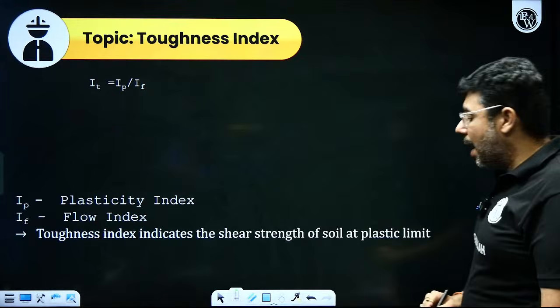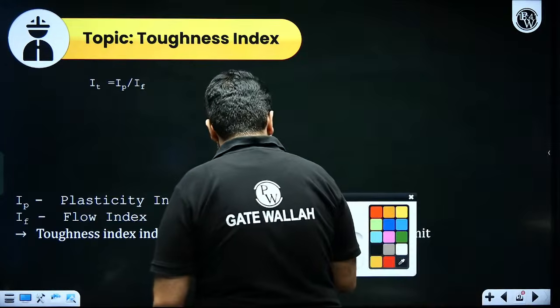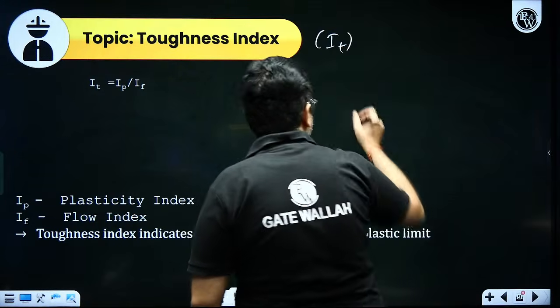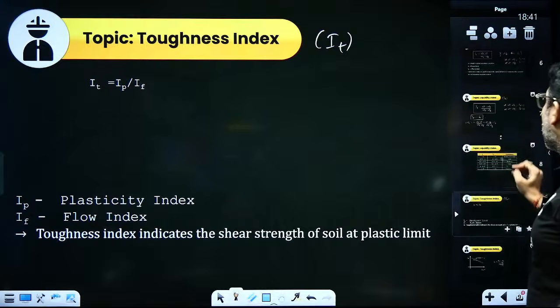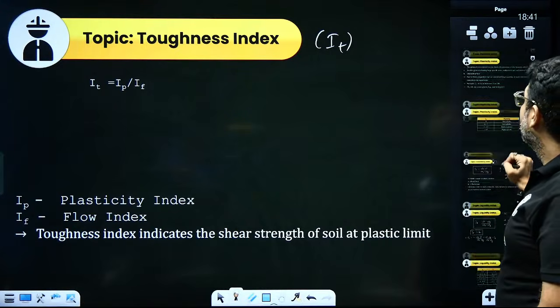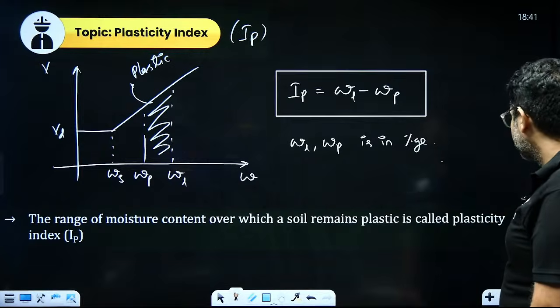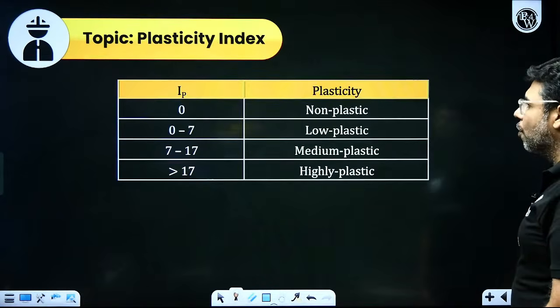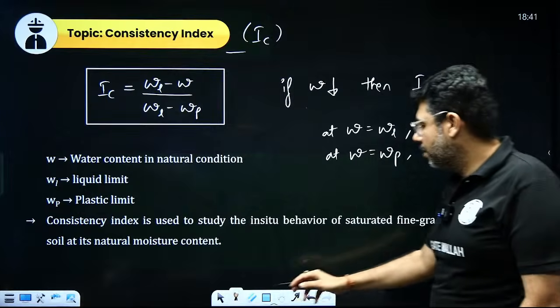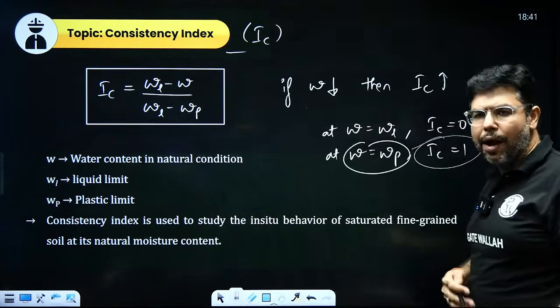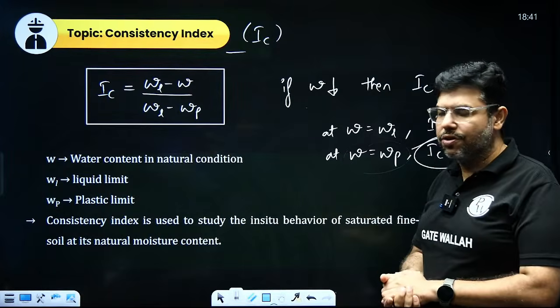Represented by symbol IT, we have a problem here. What is the problem? At liquid limit, I saw that IC is the same, so we cannot compare the firmness of soil at liquid limit. At plastic limit, IC is 1. At liquid limit, all soils have the same shear strength.